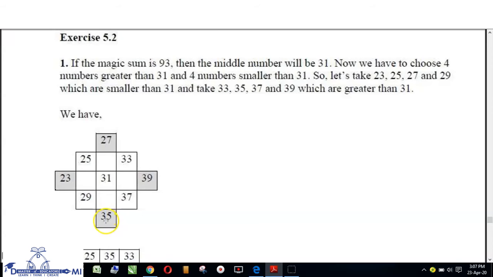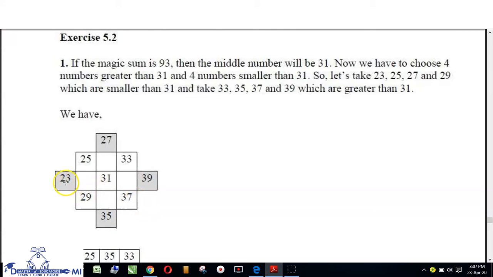So we will write the numbers lesser than 31 on the left side in ascending order, that is, 23, 25 and 27, and the numbers greater than 31 as 35, 37 and 39 on the right side. Now what should be the next step?